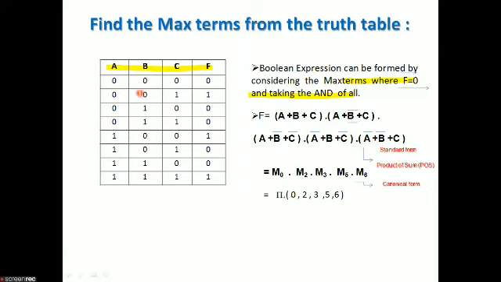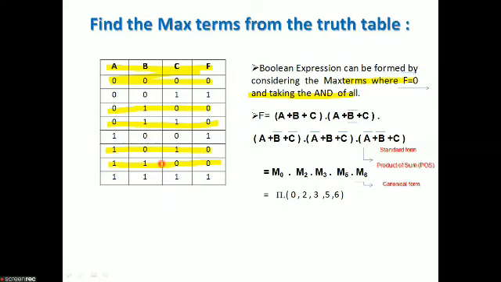So consider this case because here the value of F is 0. Here also the value of F is 0. This case also, this case and this case. So we will be considering the first, second, third, fourth and fifth cases. There are 5 max terms in this particular Boolean expression.